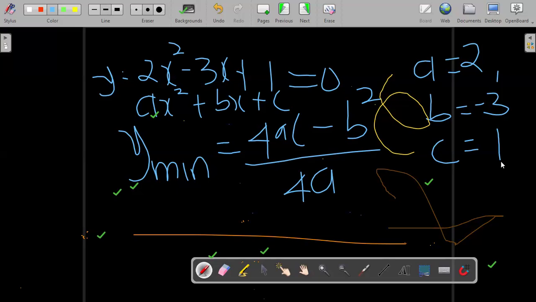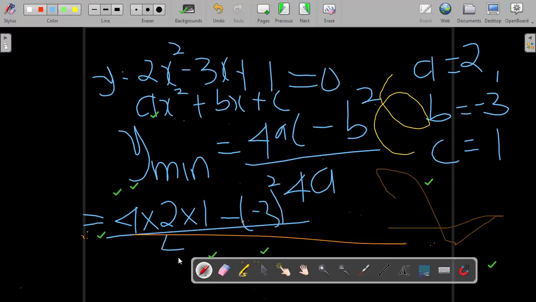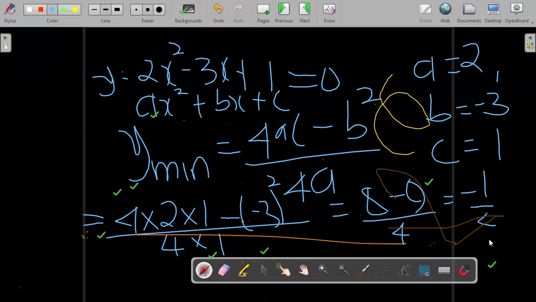So if I fix it into this expression, what are we having? 4 times my a is 2, my c is 1, minus my b, minus 3 squared, divided by 4 times 1, which is 8 minus 9 divided by 4. Our answer is minus 1 over 4. This is the minimum value.